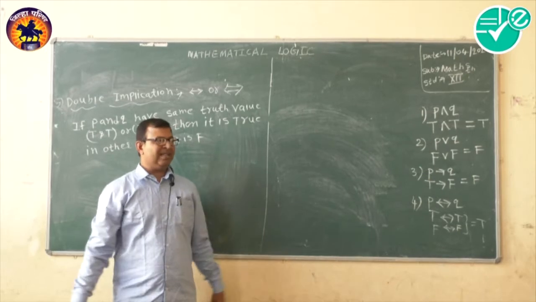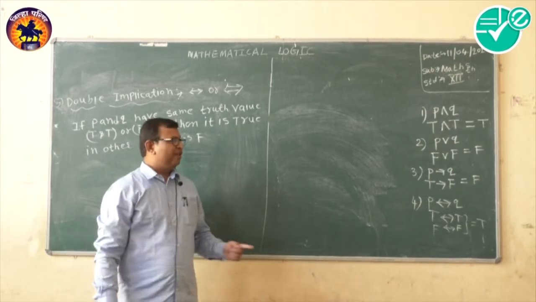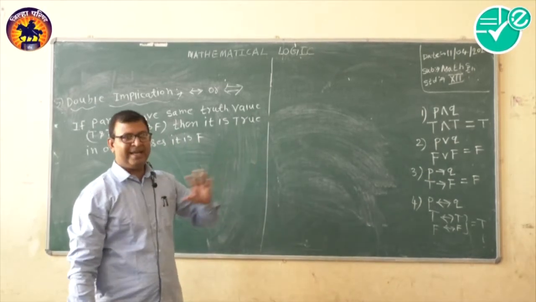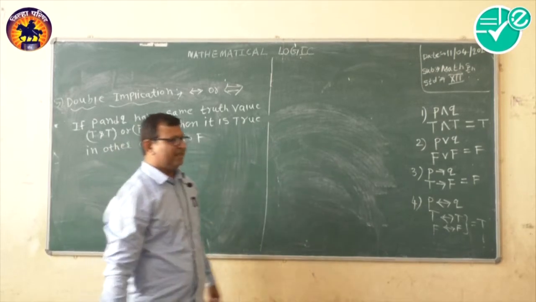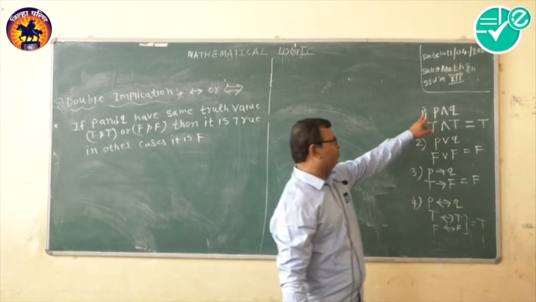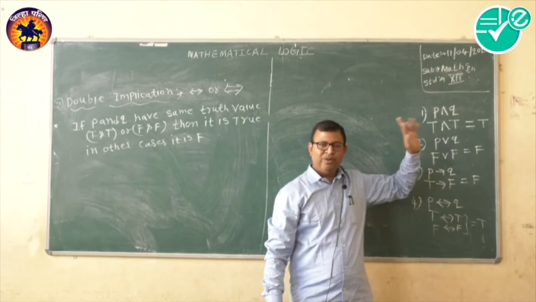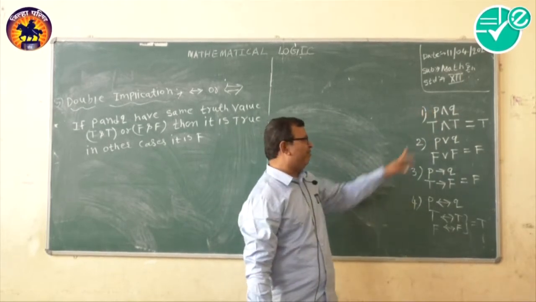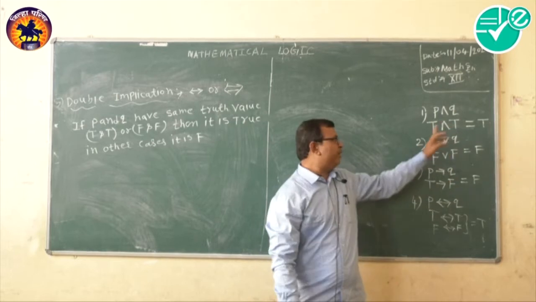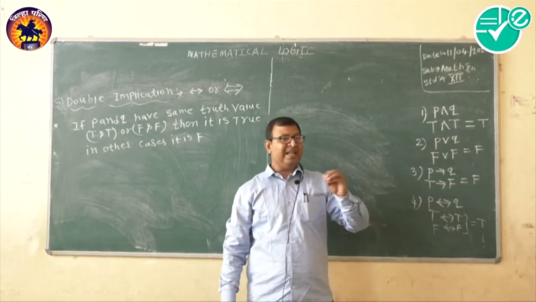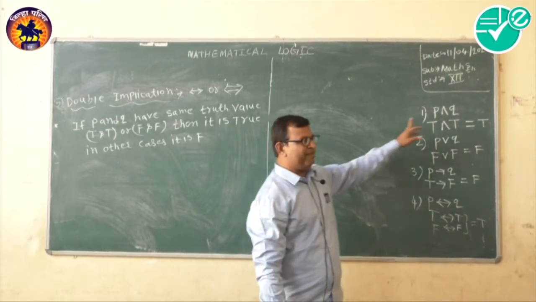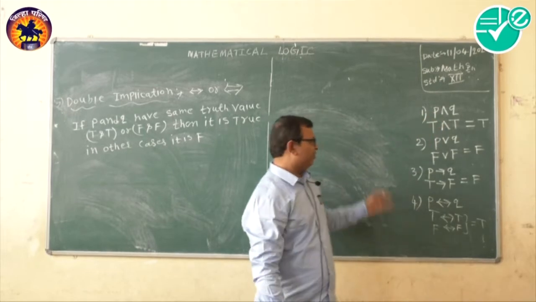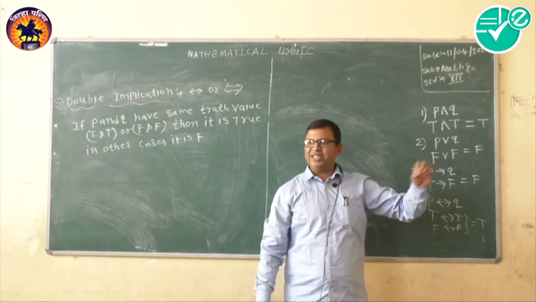From each table, there is one important point which is important to solve the examples. First, conjunction P conjunction Q. What P conjunction Q says is, if P is true and Q is true, then and then only it is true. That is the main thing of conjunction. Second one, P disjunction Q.